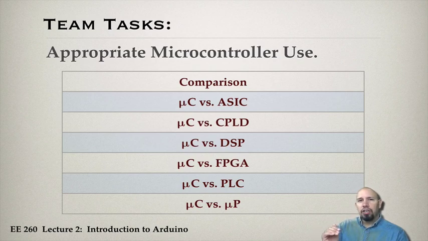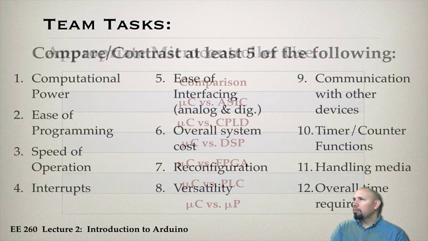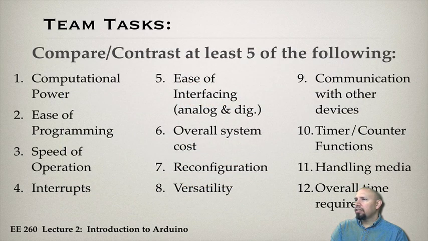Your team is only going to be investigating one of these devices, so you're just getting a little bit of exposure, but this exposure is giving you the opportunity to do some original research and to find out what is important regarding these various matters. Here are some topics you need to look at in your comparison or contrast.